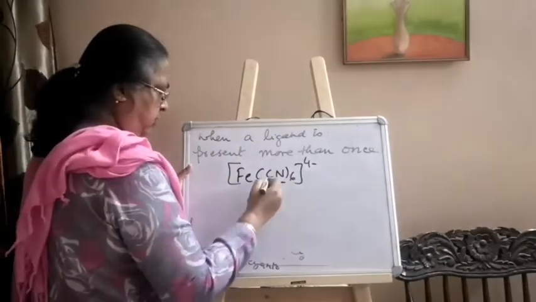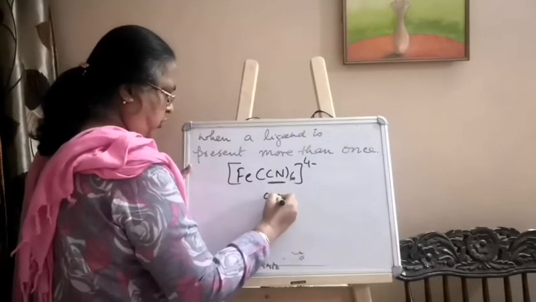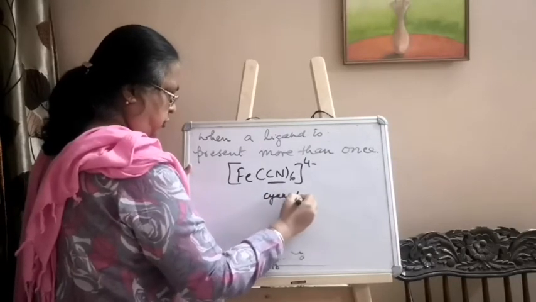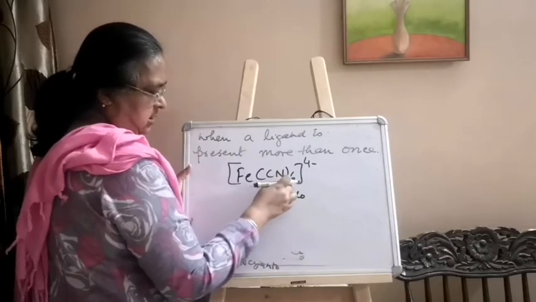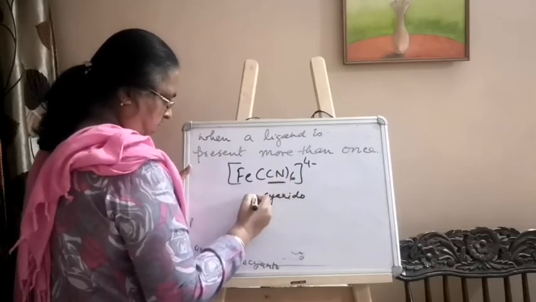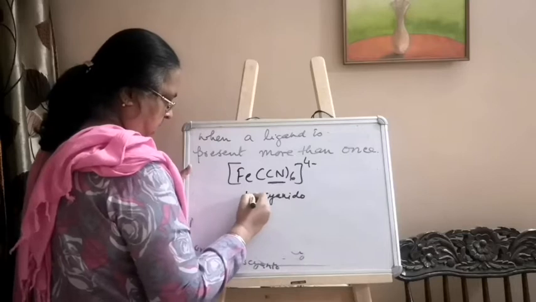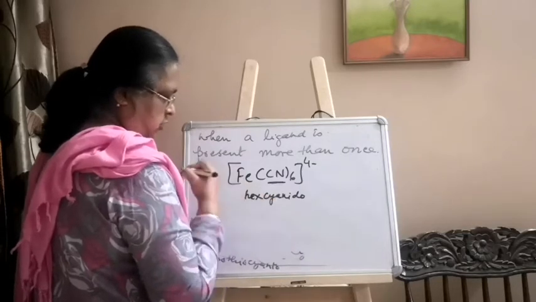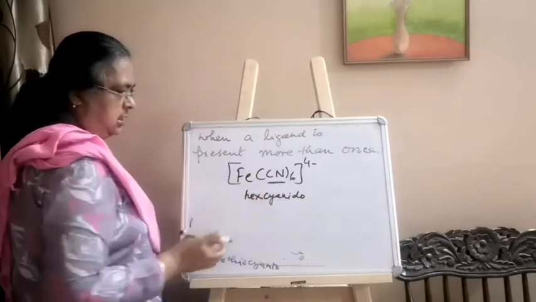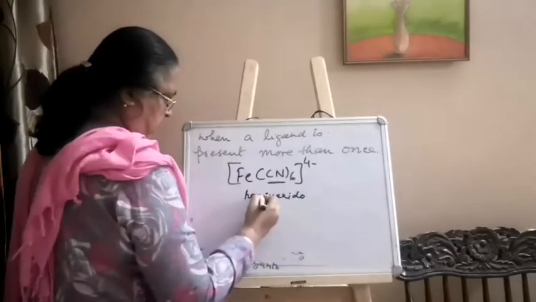So you will have to write the name of this, cyanido. But how many times? 6 times. So you will write hexa, with a small letter, without any space: hexacyanido.